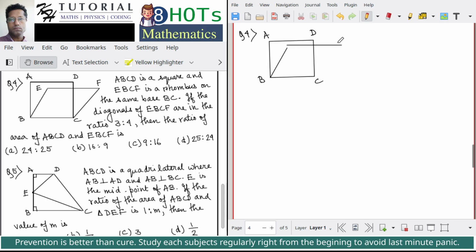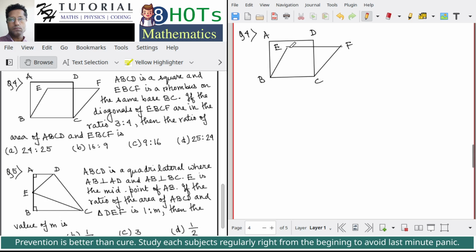Okay, more or less this is the rhombus. My diagram will not be perfect. So EBCF is the rhombus. They have the same base. Now no dimensions are given, only the ratio between the diagonals of the rhombus is given to be 3:4.